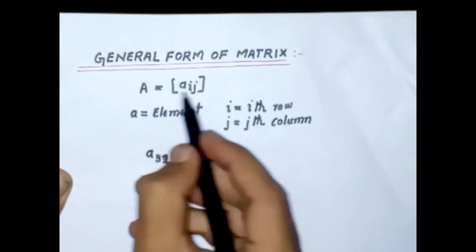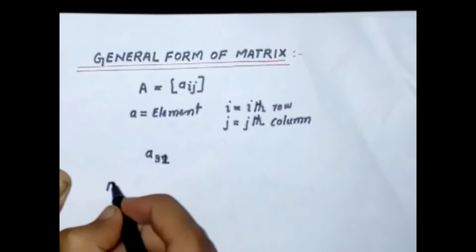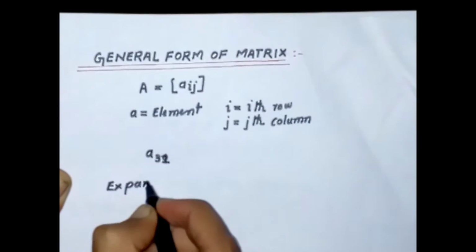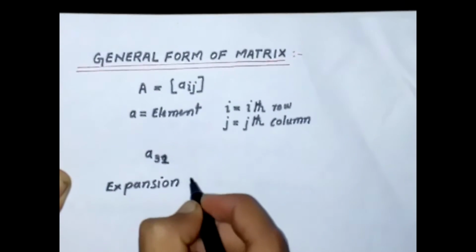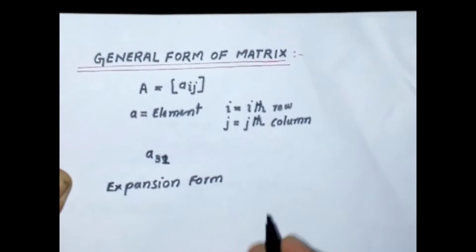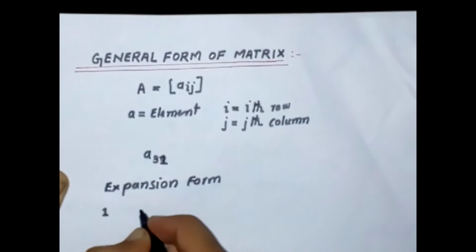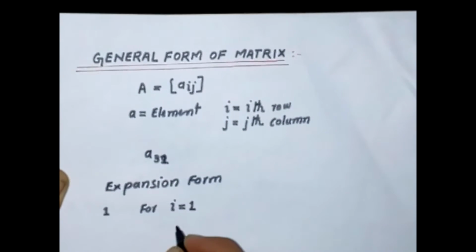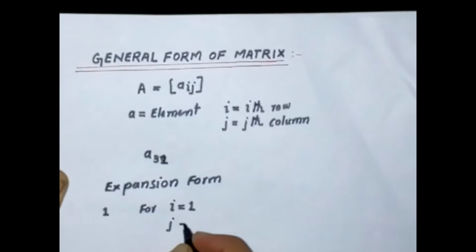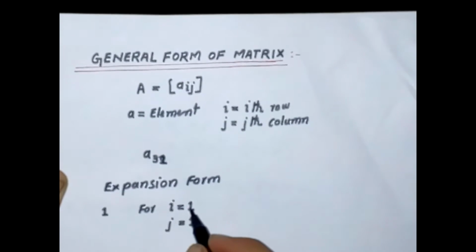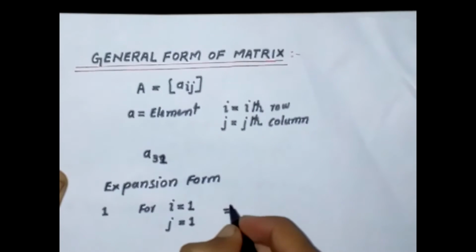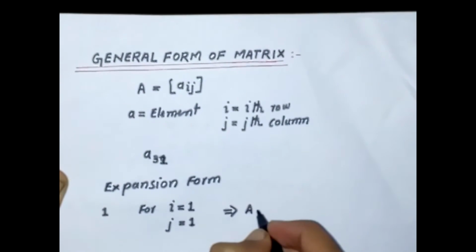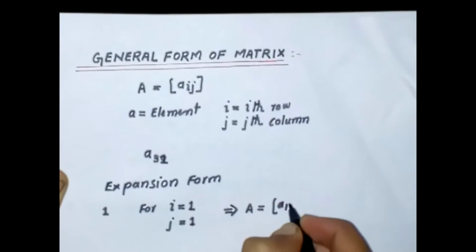Now let's expand this matrix. Number 1, for i equal to 1 and j equal to 1. If we have a matrix in which we have one row and one column, this implies that A will be a11.